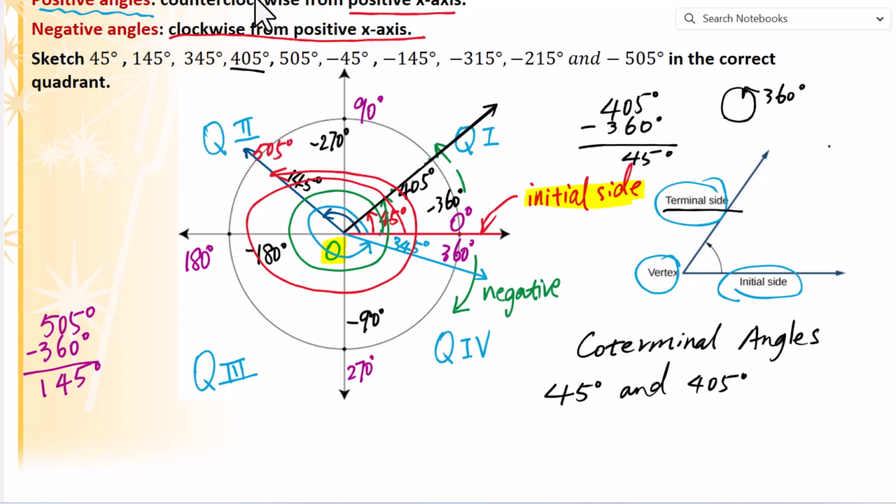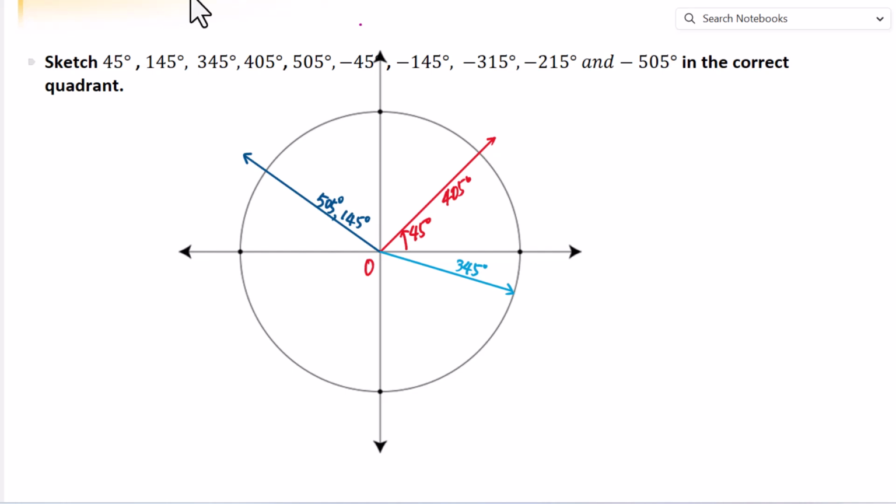Now let's sketch -45 degrees. Clockwise from a positive x-axis will be negative degree. -45 degrees go this way.